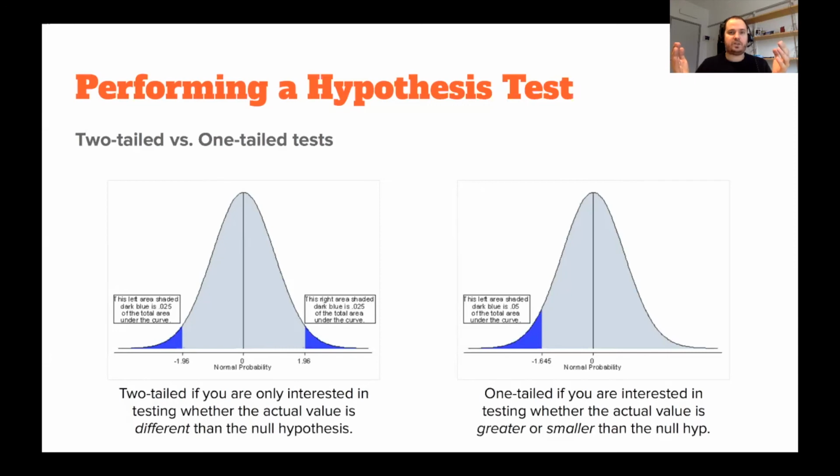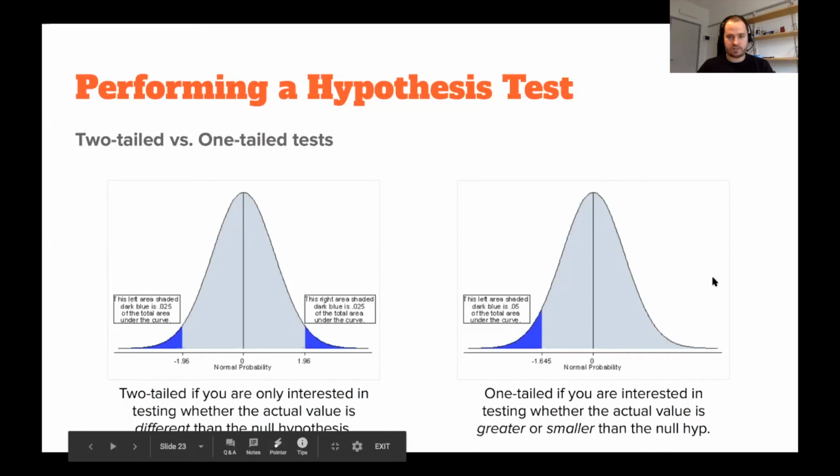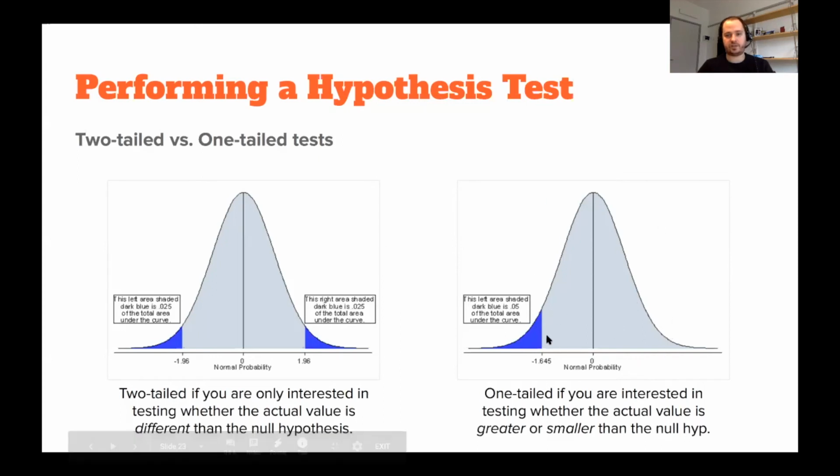You're only thinking about something that happens to the right of your normal distribution. So in that case, the 95% interval that you're going to use is not going to include only the center part. It's going to include the center plus one of the sides. And that's why it's called one tail, because you're only interested in one tail here.